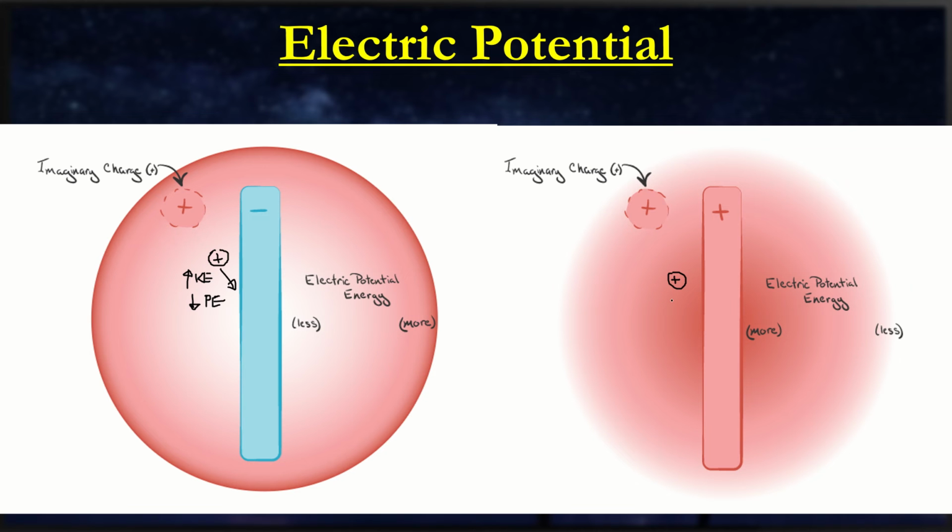And in this case, there is a lot of electric potential energy here because the electric field of the positive plate will want to push this positive charge away. So think about it this way. The more the electric field wants to push the charged particle away, the higher the potential energy.